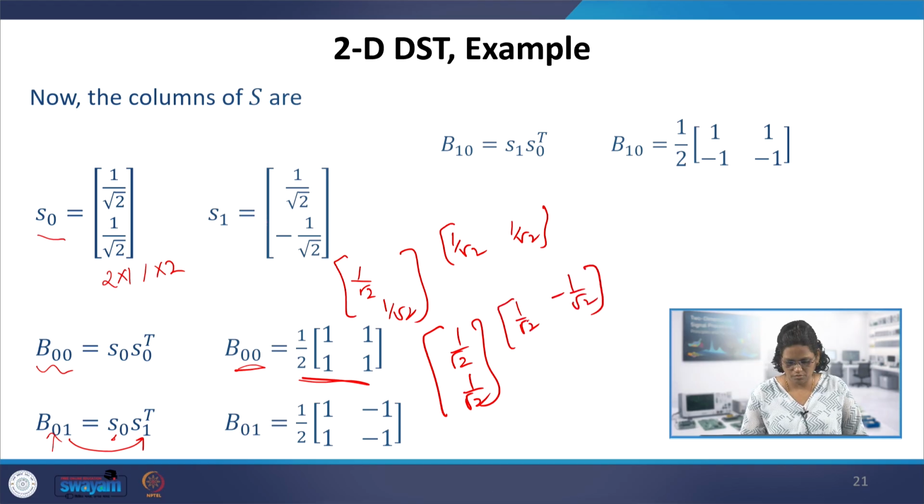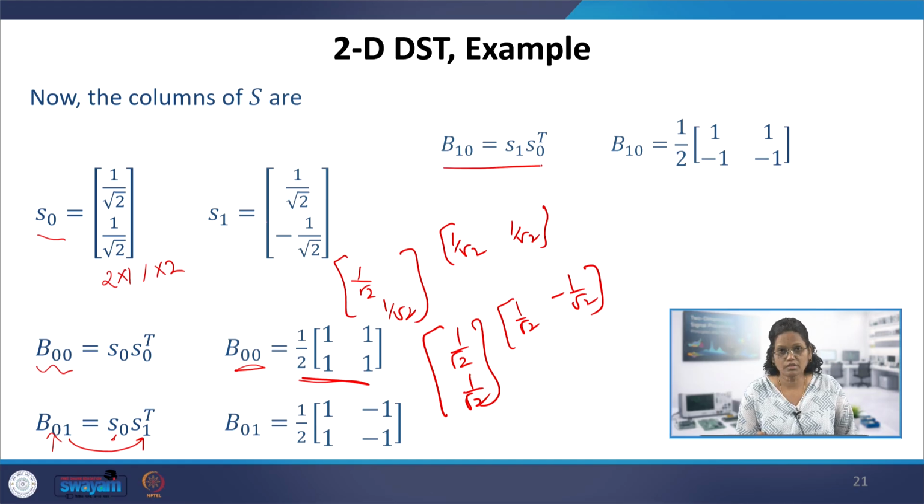If you multiply them, we get 1 by 2 times the matrix 1 minus 1, 1 minus 1. So that's how we get the 2 by 2 basis image B01.